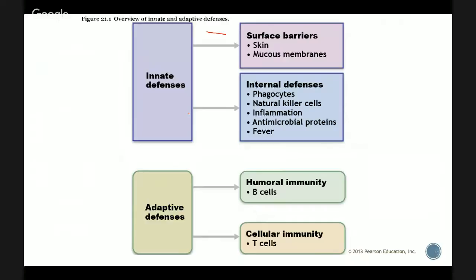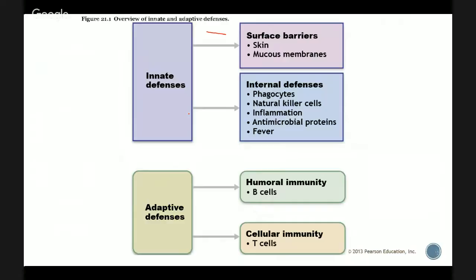We also have, in areas that are open to the external environment, mucous membranes. We find mucous membranes lining our nasal cavities, our respiratory cavities, our mouth, and the rest of the alimentary tract. These are all membranes that are exposed to the exterior environment.